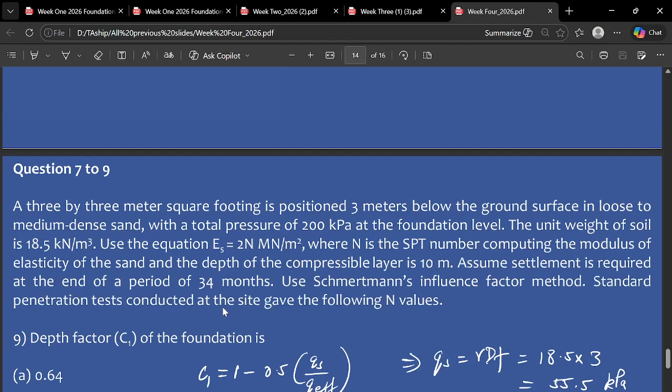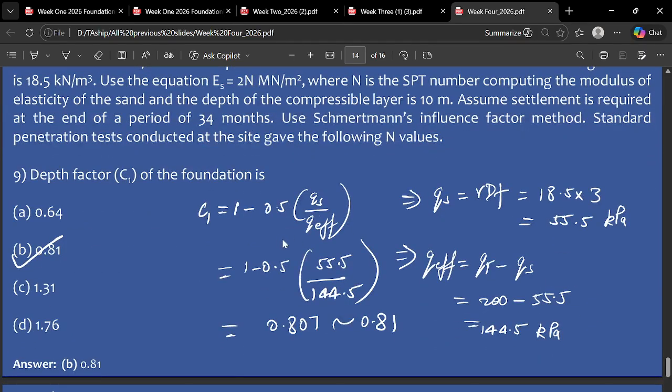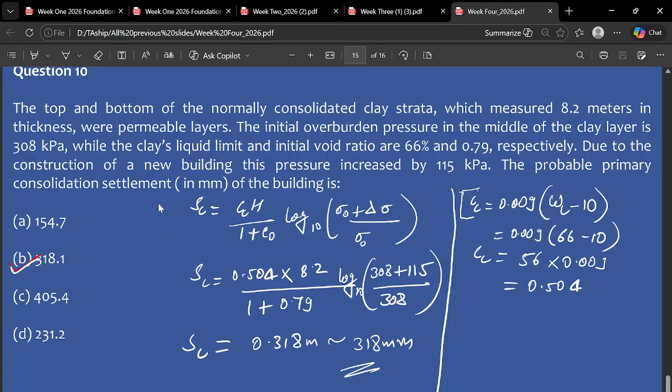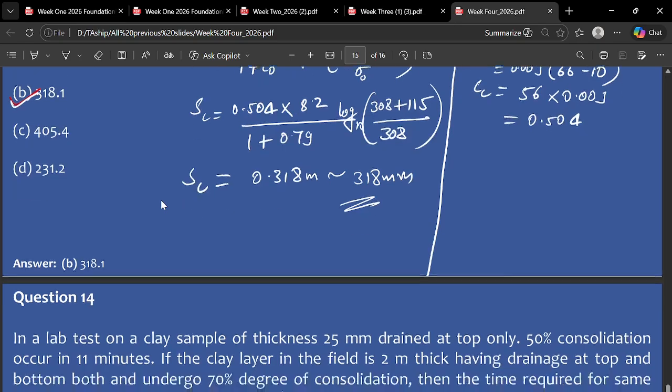This is one of the keys in Schmertmann's influence diagram method to calculate the settlements. In this, one of the depth factors needs to be taken into account. Again, these are some of the questions related with your consolidation settlement.